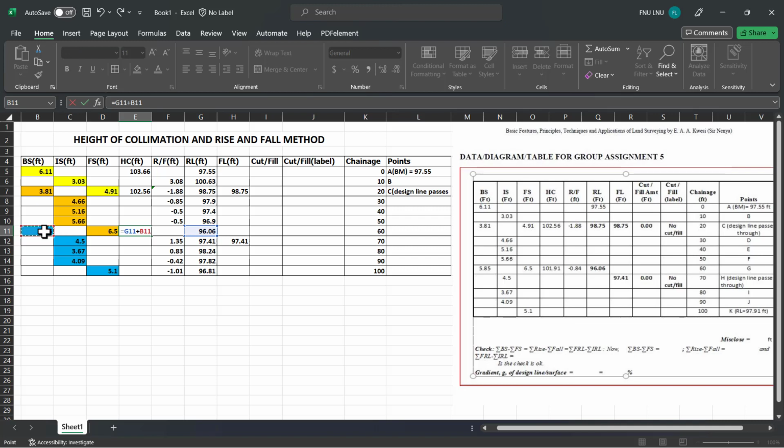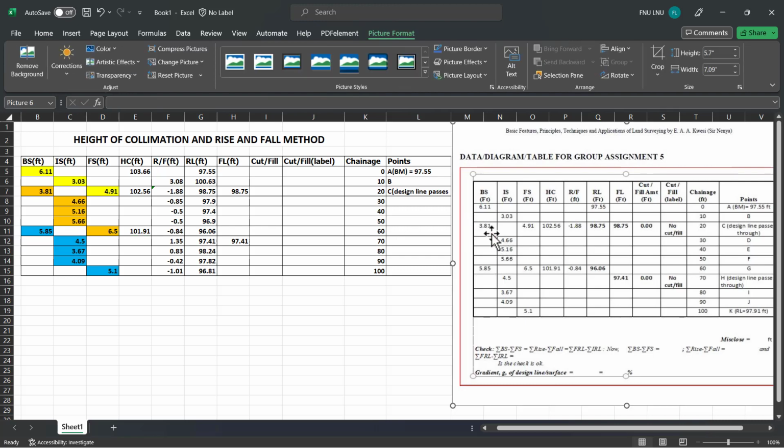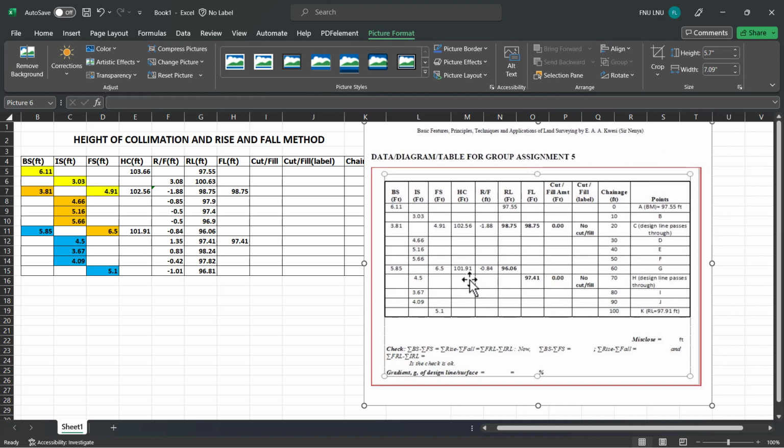That will give us the height of collimation at that particular change of 60. You can see in the question that we have the same thing, a height of collimation of 101.91, and the one computed here is also 101.91. So now we are done with the height of collimation.